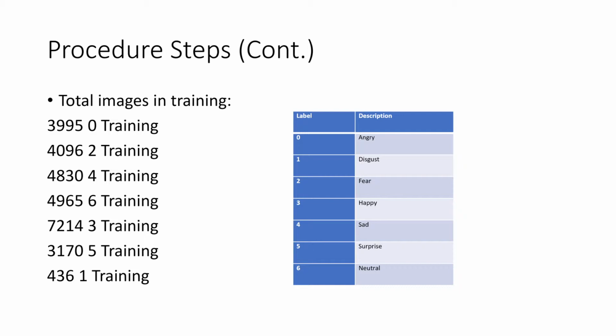We have angry images of 3995, and disgust, and number 2 is fear, for which we have 4096 images, and 4 is sad, we have 4830 images, and 6 is neutral, which is 4965 images. 3, which is happy, we have 7214, and 5, which is surprise, has 3170, and disgust has 436 images. But it looks like we have more happy images, 7214.